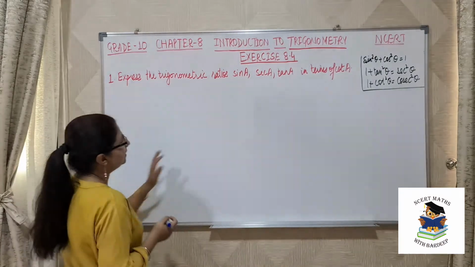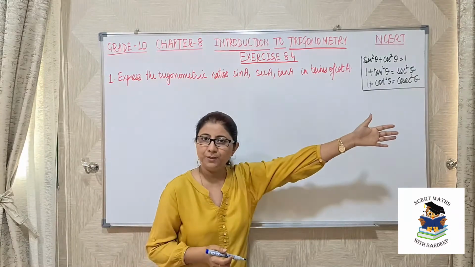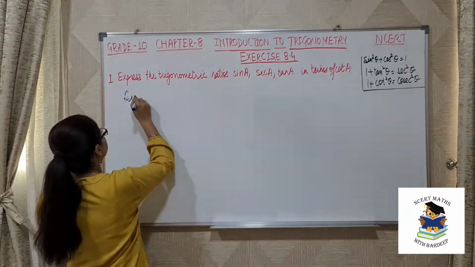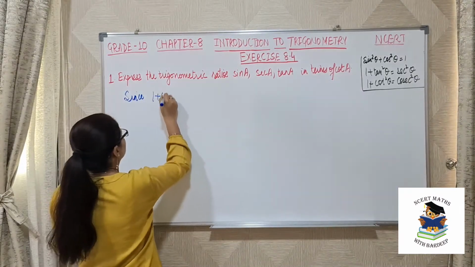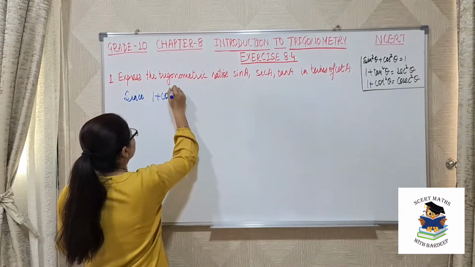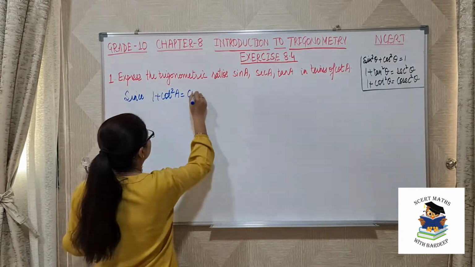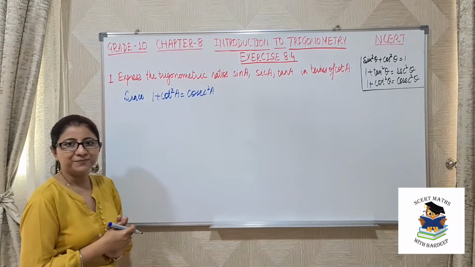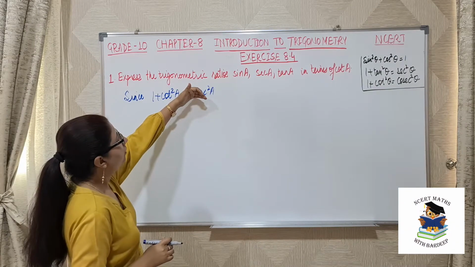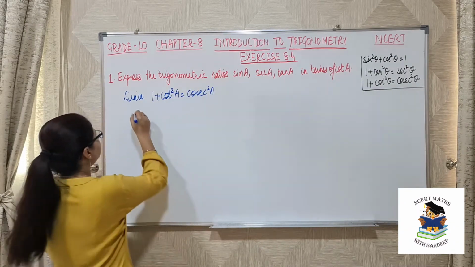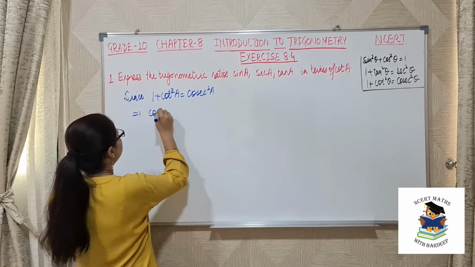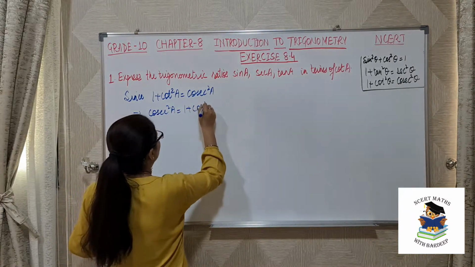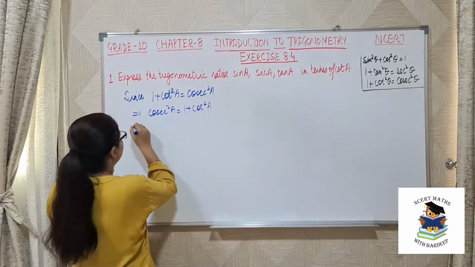First is sine A. Since angle is A, theta can be replaced with A. So 1 plus cot square A is equal to cosecant square A, right? That means cosecant square A is equal to 1 plus cot square A.